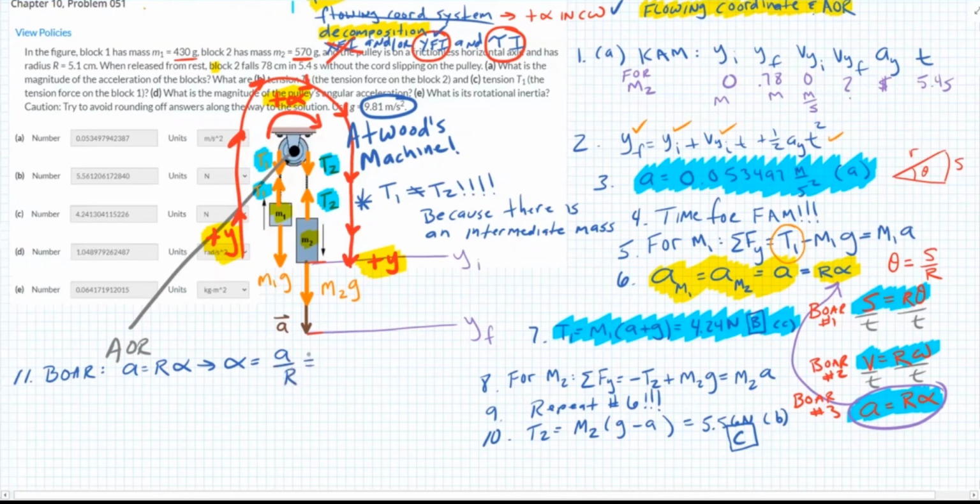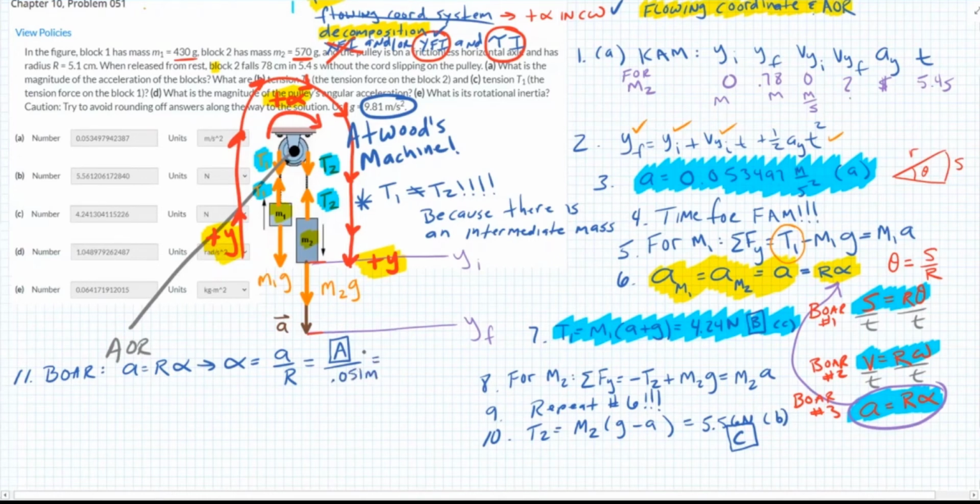I have that in calculator memory location A, the answer to part A. And r is the pulley radius, the thing that's sweeping through an arc, 5.1 centimeters, 0.051 meters.